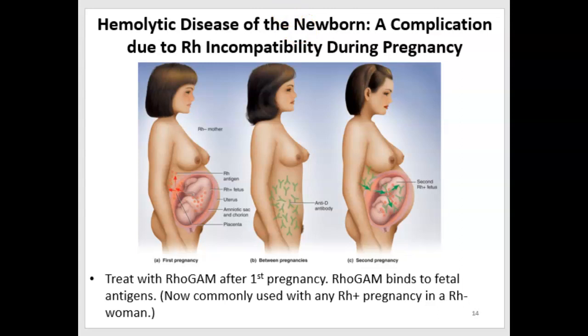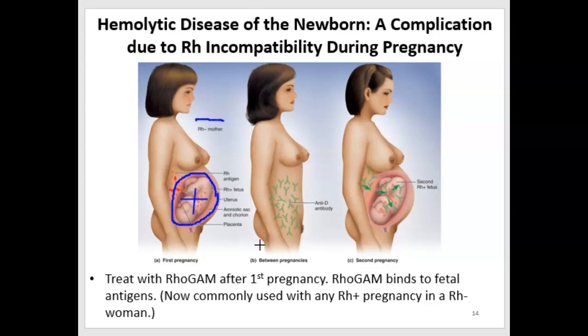Pick blue. All right. So this mother is negative for RH. She doesn't make antibodies yet. Her baby is positive, RH positive. When the birth happens, the bloodstream mixes between the baby and the mother.